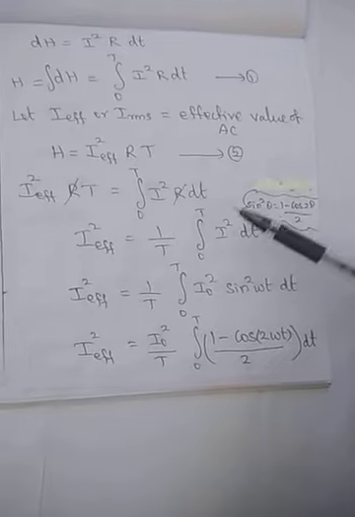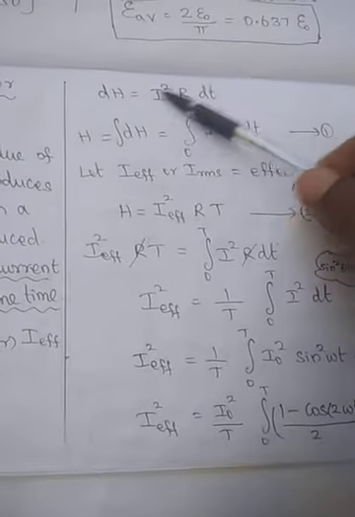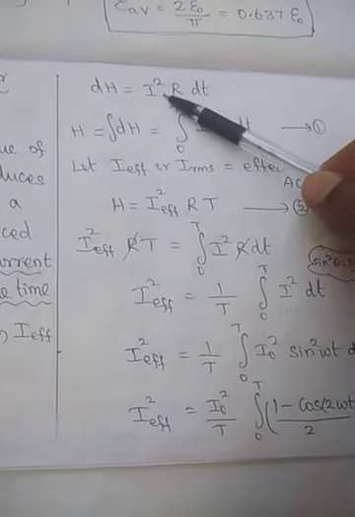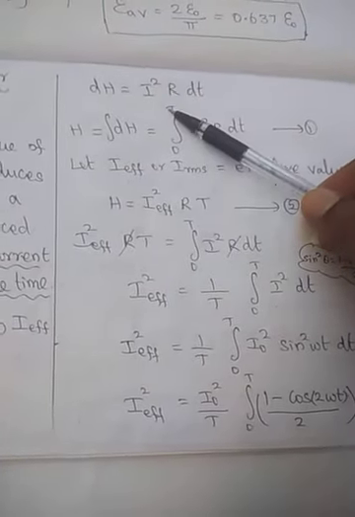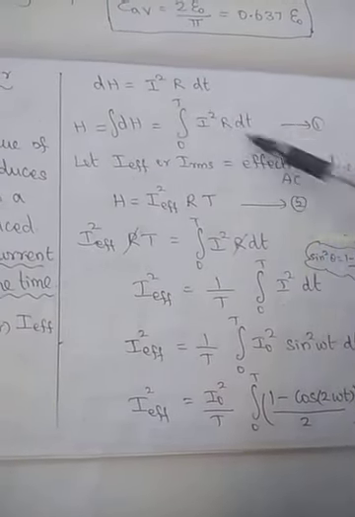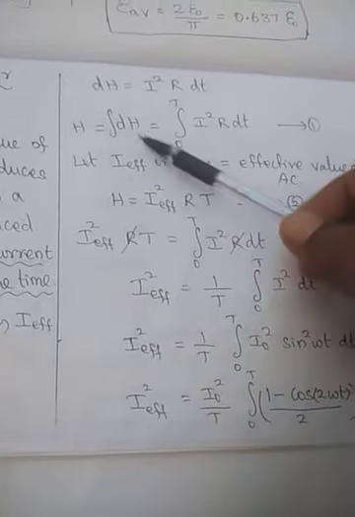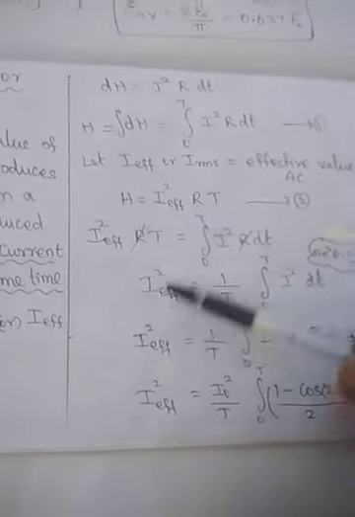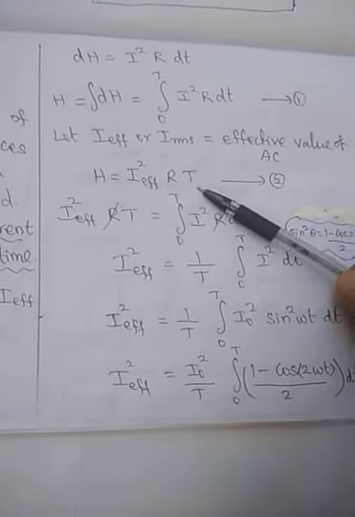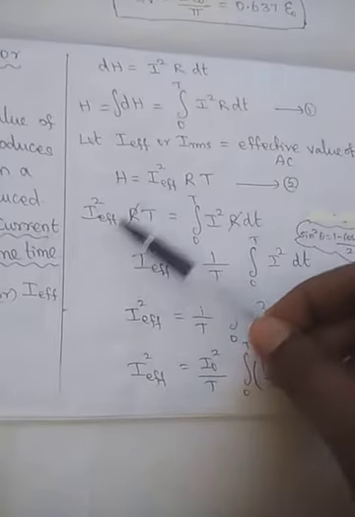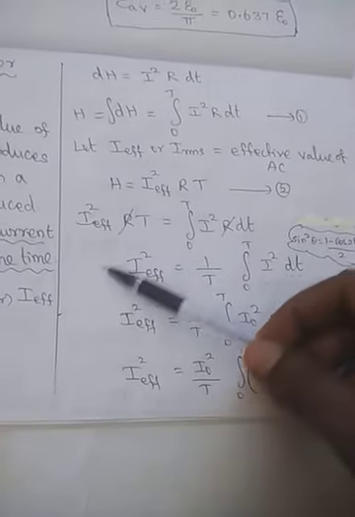Very simple, students. We are taking dH equal to I squared R dt, and we substitute it with dt integrated from 0 to T. If you take the overall integral, we are calculating the total time. The total heating effect is equal to total current into resistance into total time, so that is what we are substituting here. This R and this R get cancelled.